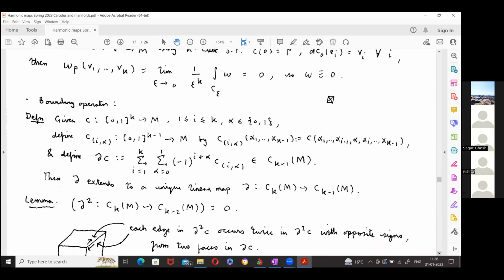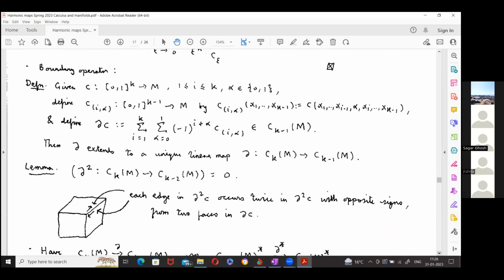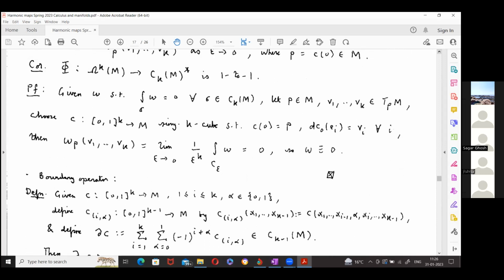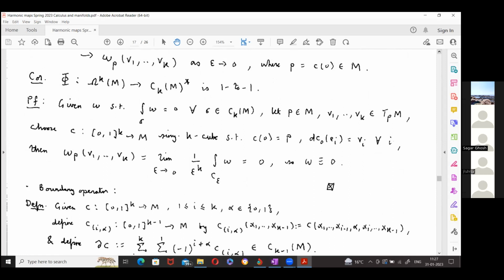Okay. So omega P V1 up to Vk is exactly how the elementary volume form is changed under the full vector. Sorry, I didn't understand.